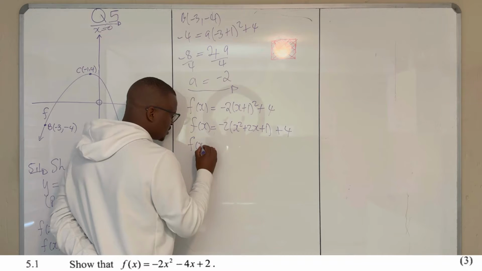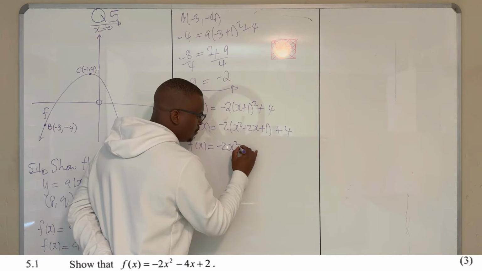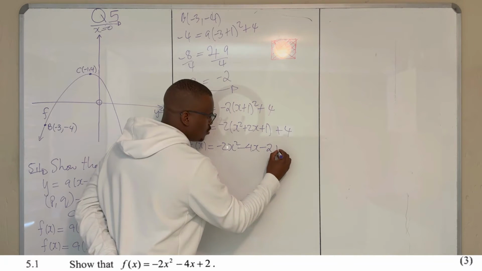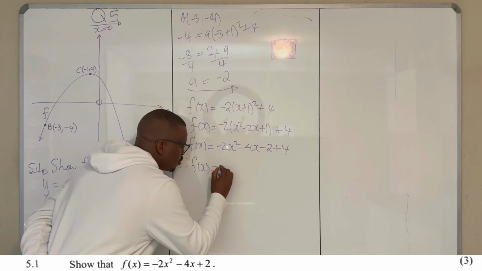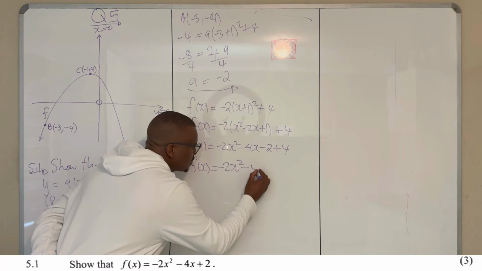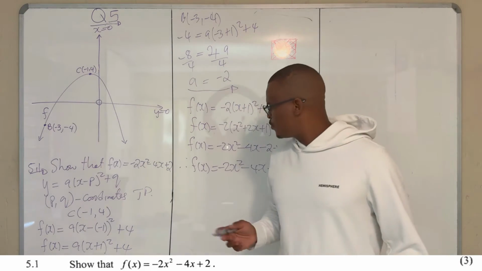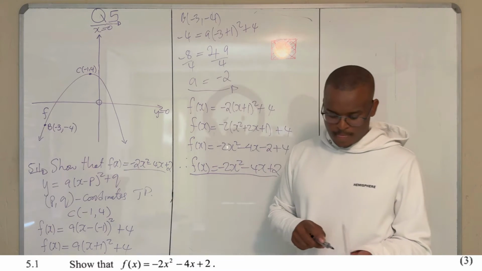So f of x is equal to negative 2x squared minus 4x minus 2 plus 4. Therefore, f of x is equal to minus 2x squared minus 4x plus 2, which is what they asked us to prove. So this is equal to that. We're done with this.